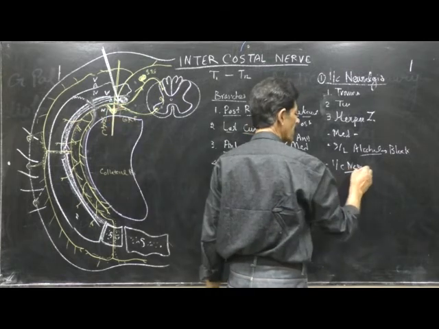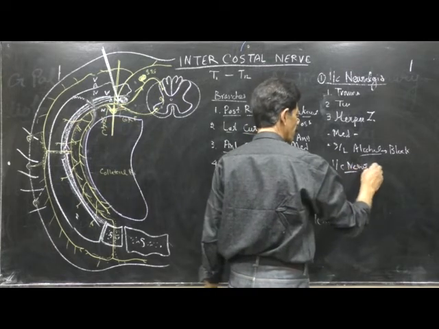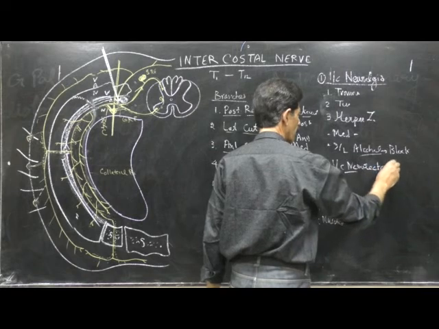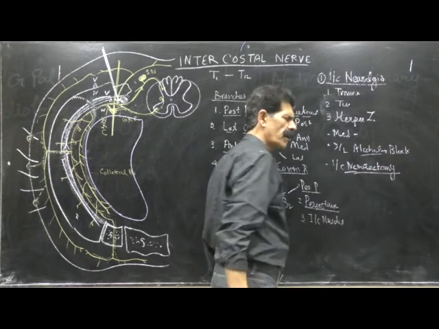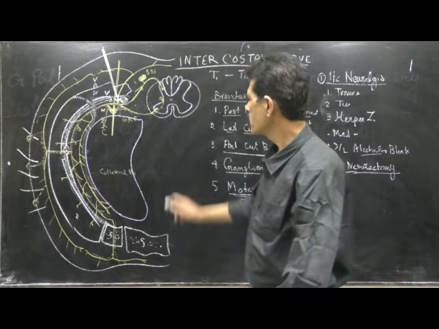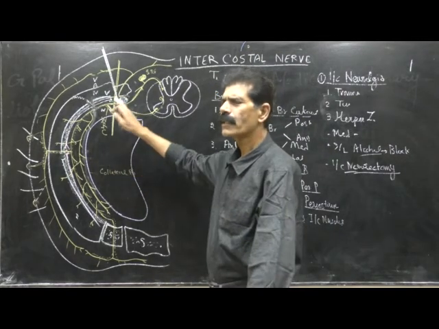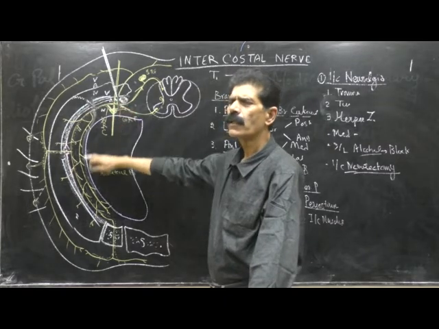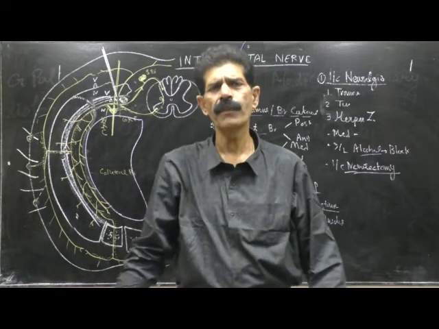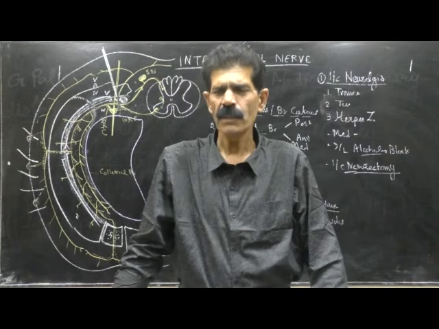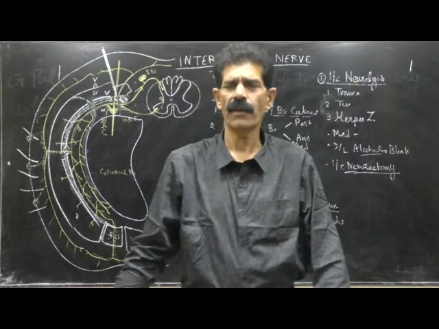The other option is intercostal neurectomy. In intercostal neurectomy, we surgically cut the intercostal nerve at the root. This cutting of the nerve leads to permanent relief of the pain. So this is intercostal neuralgia.